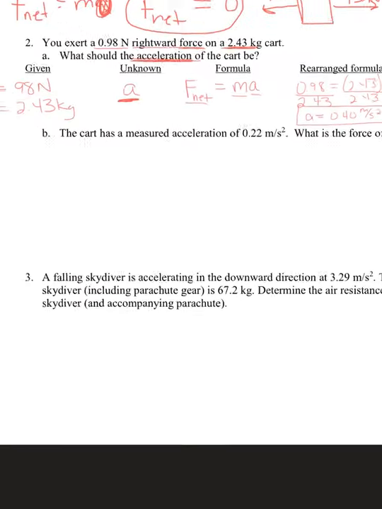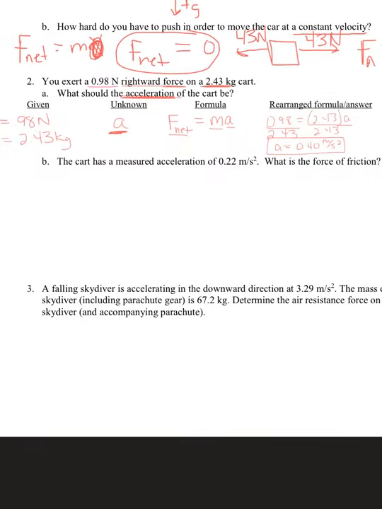Let's go to 2B. The cart has a measured acceleration. So theoretically speaking, my acceleration should be 0.4 meters per second squared. But of course, in real life, they don't always line up with our theoretical measurements. And so they actually measure the acceleration at 0.22 meters per second squared.